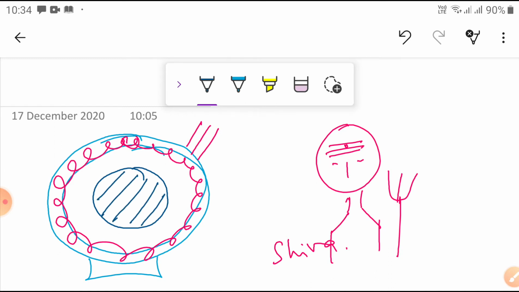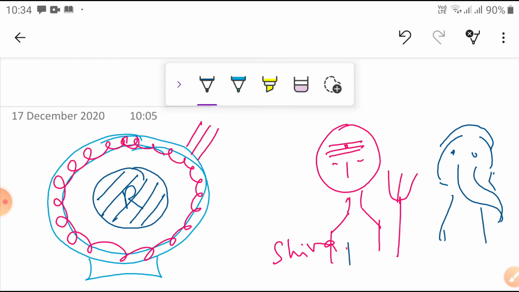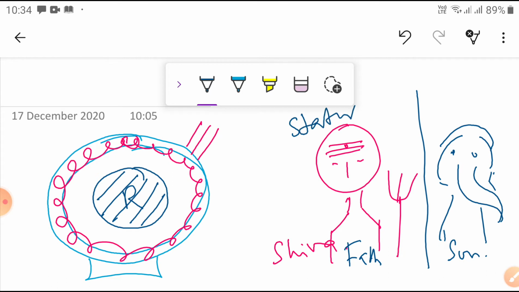Now you can observe this is Ganesh, so it's Ganesh because they are father and son. Now this is a stator, this is a rotor.